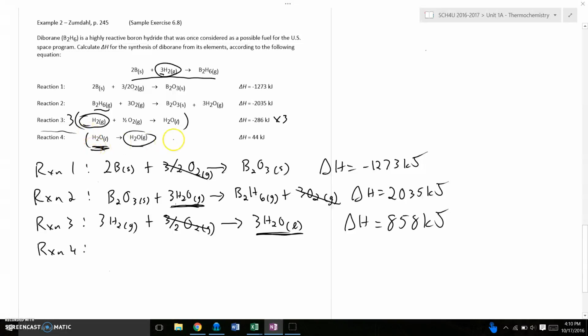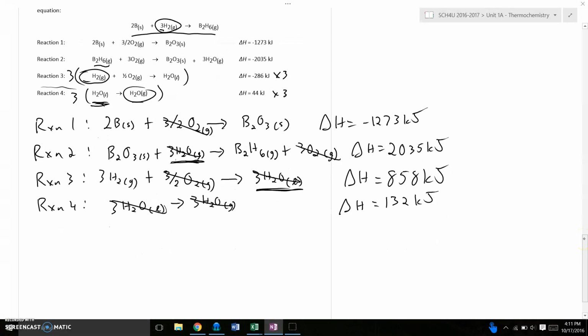So I do again need to multiply this entire equation by 3, which gives me 3 H2O liquid produces 3 H2O gas, and my enthalpy of this is now 3 times 44, which gives 132 kilojoules. Okay, and so now I see my gaseous water molecules cancel, as do my liquid water molecules, leaving me with what I need in my equation.